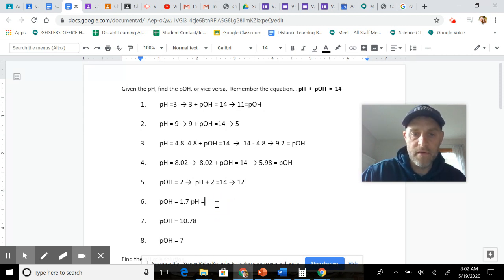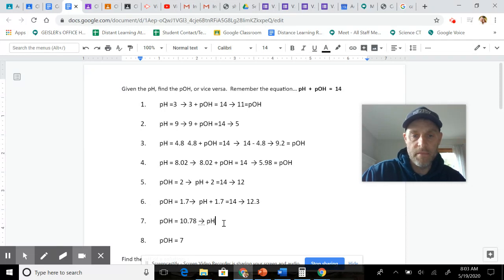Same thing, right? pH plus the POH, which is 1.7, equals 14. So 14 minus 1.7 is what? Is that 12.3? That's the pH.